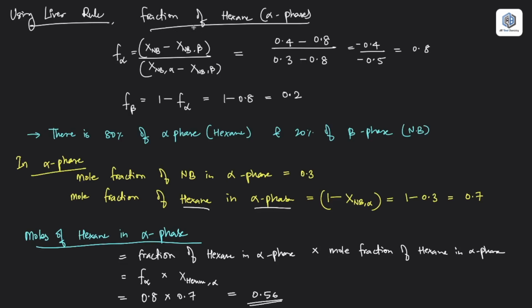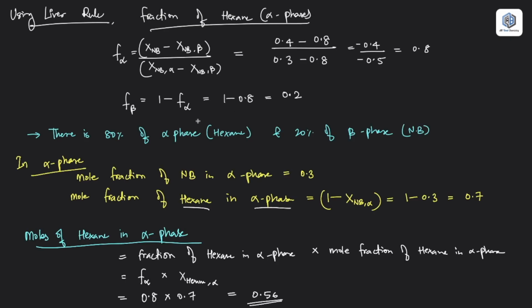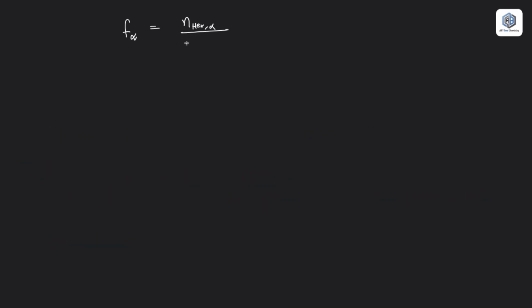Basically the fraction can also be calculated like F alpha is equal to the number of moles N x comma alpha, that is number of moles of hexane in alpha phase, divided by the mole fraction of hexane in alpha phase, that is x comma alpha. Hex is for hexane. So if you take the ratio of number of moles of hexane in alpha phase divided by the mole fraction of hexane in alpha phase, it gives you the fraction of it.